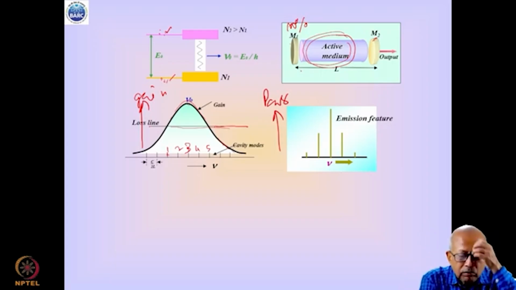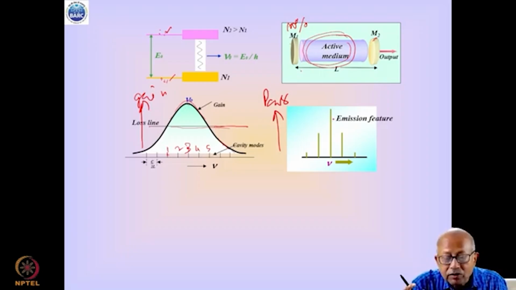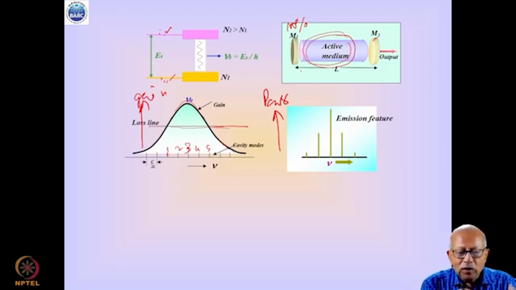So the mode with higher gain also will yield higher power, understandable. Now, another interesting point is that essentially, this laser is a multi-mode laser because there is oscillation on 1, 2, 3, 4, 5 modes.